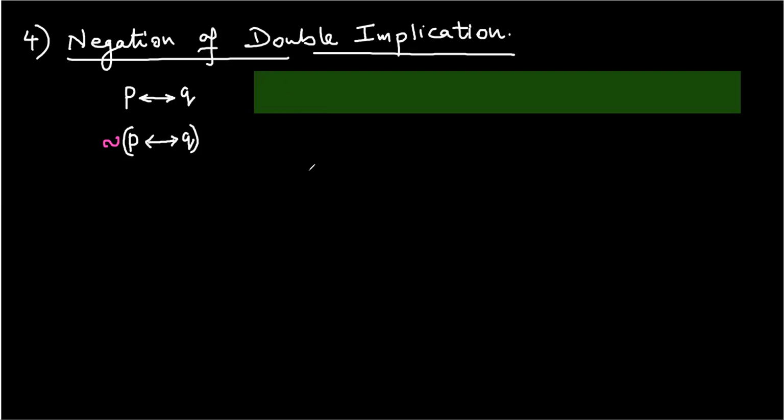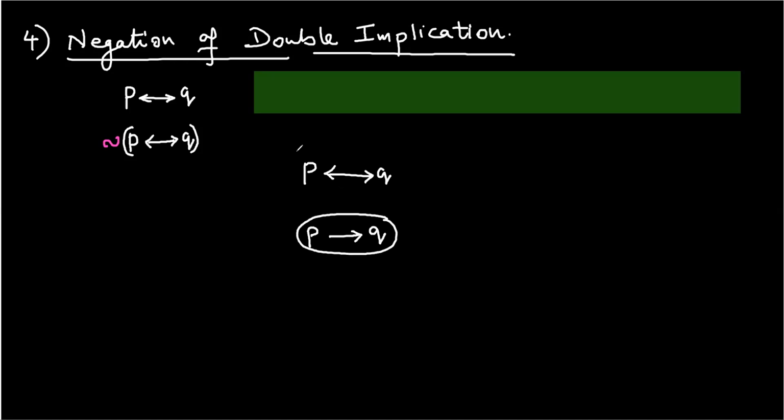Remember students, when we have P double implication Q, it is nothing but P implies Q, and in return it is getting implied by Q. You all know P implies Q is an implication statement.